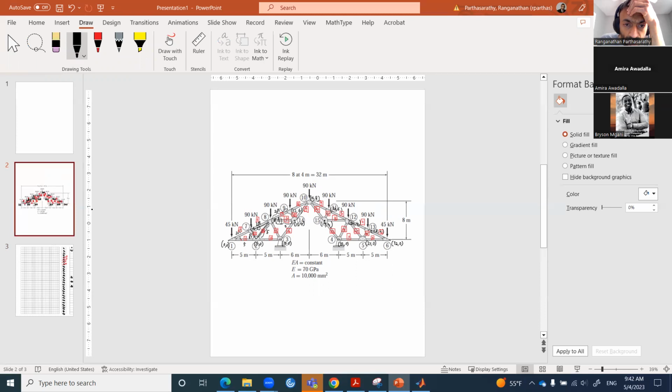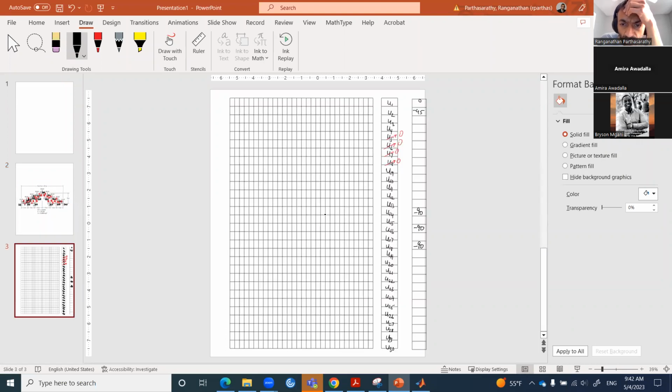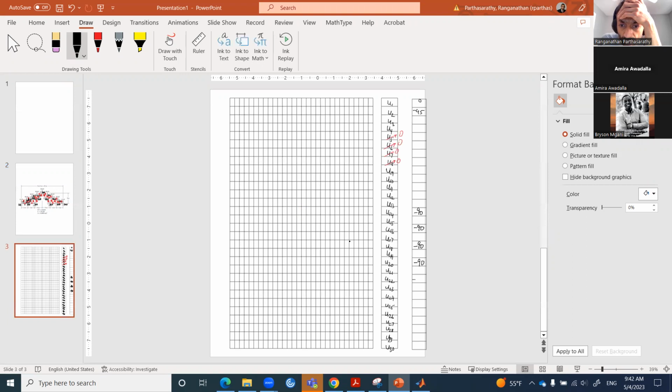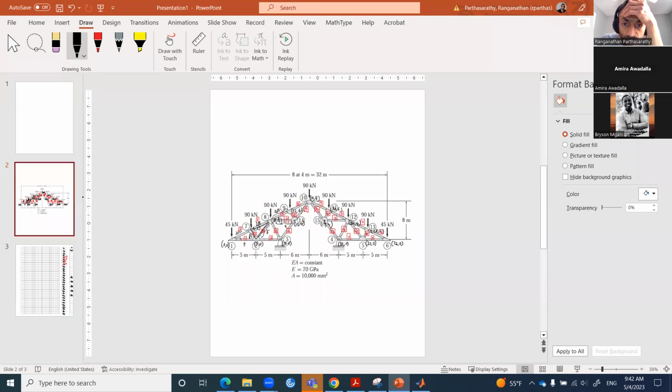Then F20 is negative 90. Then F22 is negative 90. Then F24 is negative 90.